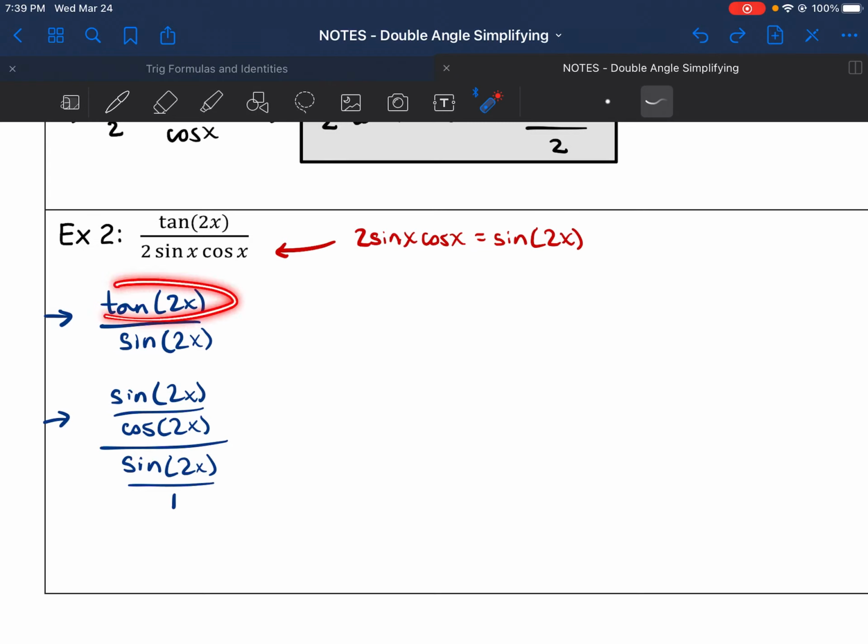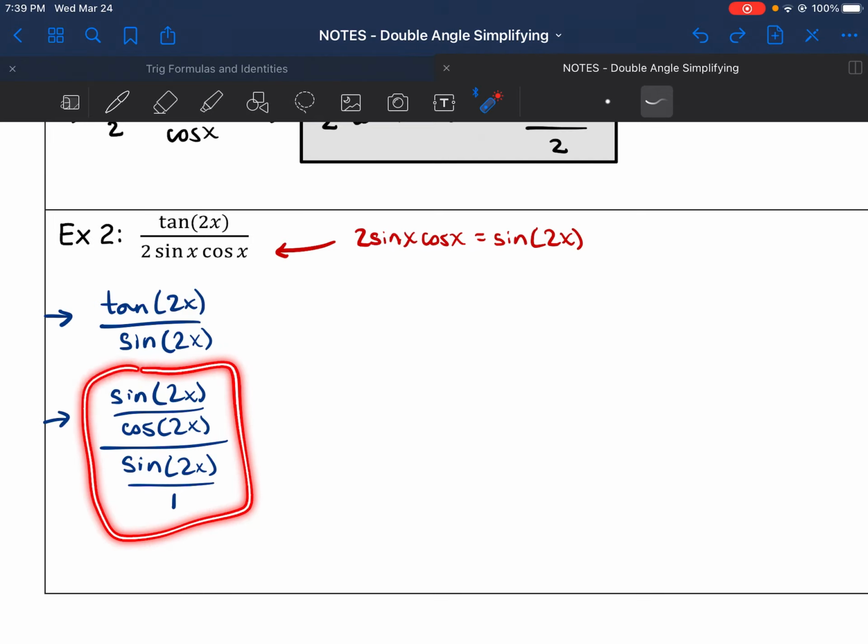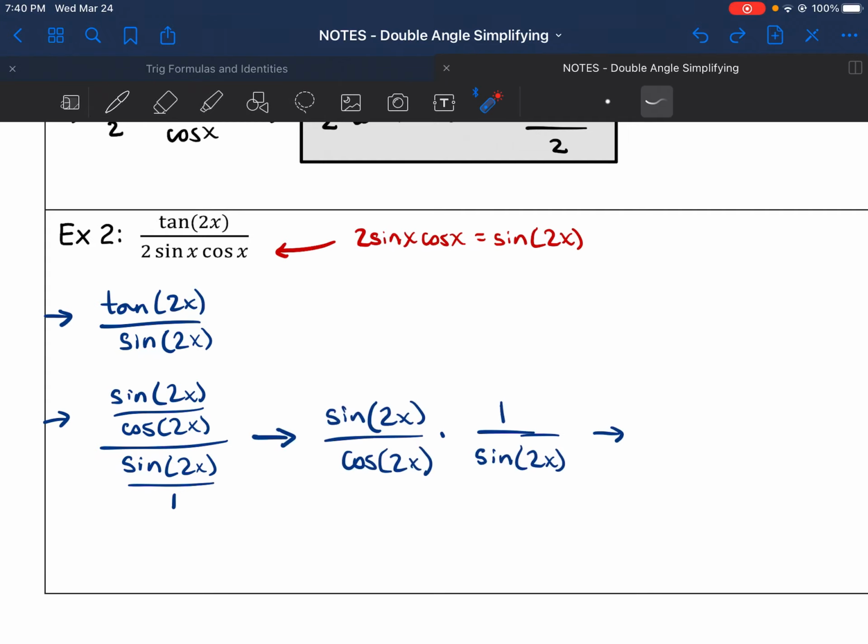Next, I'm going to take this tangent of 2x, and split it into sine of 2x over cosine of 2x. I'm just going to rewrite sine of 2x as sine of 2x over 1. And notice that we are now in a position where we can use keep, change, flip pretty successfully. So that's what I'm going to do next.